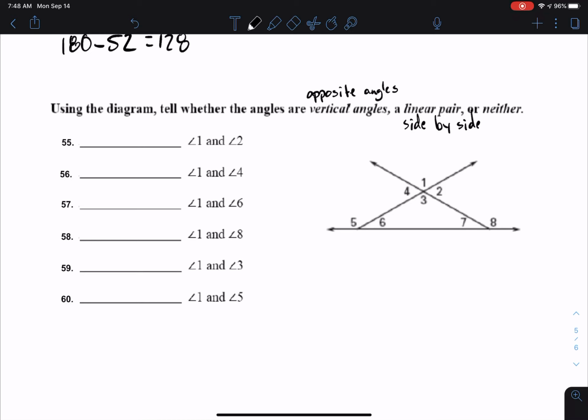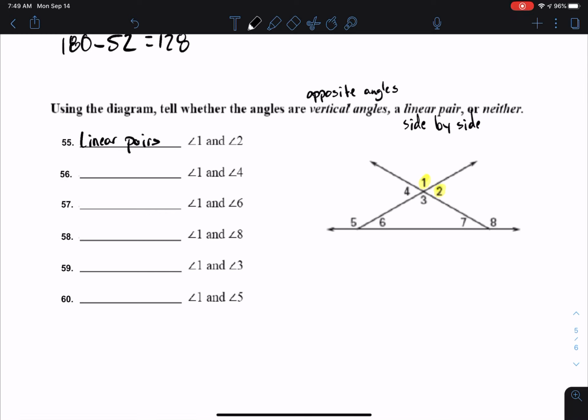So here we go. Let's try this out. Angle 1 and angle 2. Are they side by side? Yes, sir. So they are a linear pair. Look at number 58.